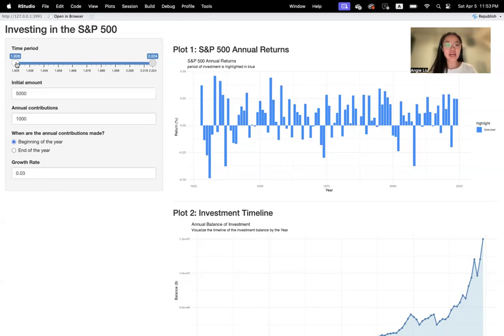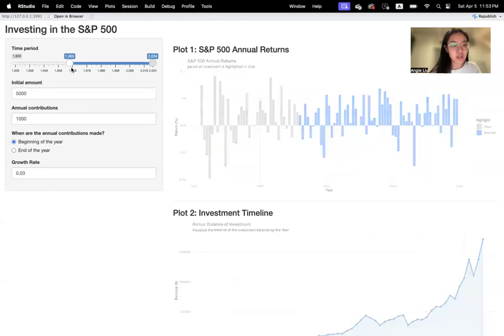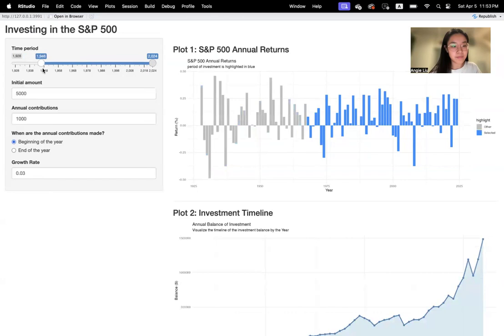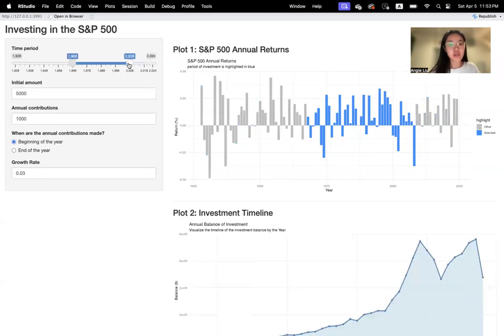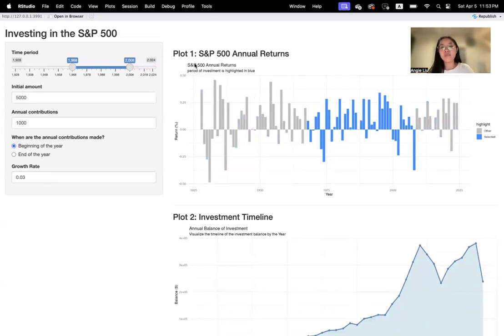So let's set the time period. Let's do this one, and then we can end up here. We can see in the first graph the timeline, which is the years that I choose, is highlighted in blue, and the unselected time period is highlighted in gray.